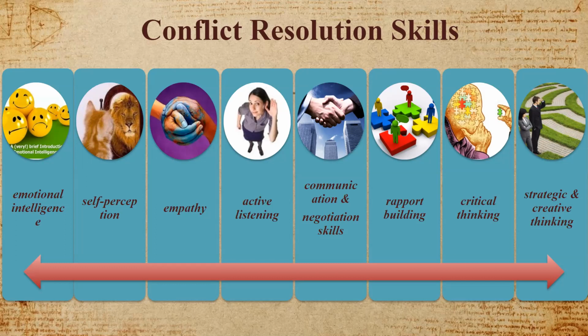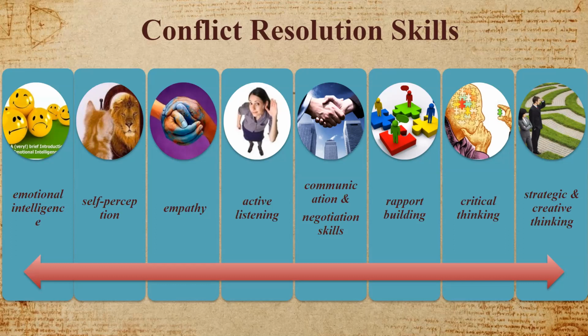Active listening, actively listening to your partner in communication. Communication and negotiation skills. So it's not enough only to be sensitive, or to listen carefully, but you also have to have the ability to communicate and to negotiate something. Rapport building, the ability to find common ground, to collaborate in teams or with peers, trying to find common needs and common points that you could work on in order to achieve a particular task.